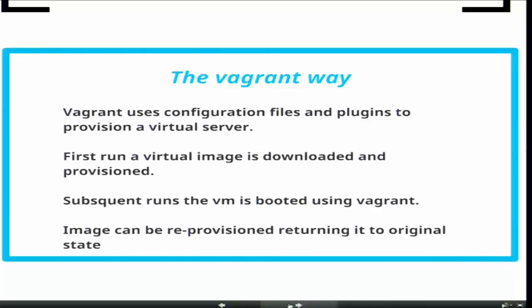You can actually use your own box locations or URLs, so you can download specific ones if you have a configured one that your company uses or you've used in the past that you want to use. After you get Vagrant up and running, you don't have to download that image again. It just downloads it once, and it keeps a copy of that image locally. So if you create multiple Vagrant instances, you're not constantly downloading that image. You have it stored locally.